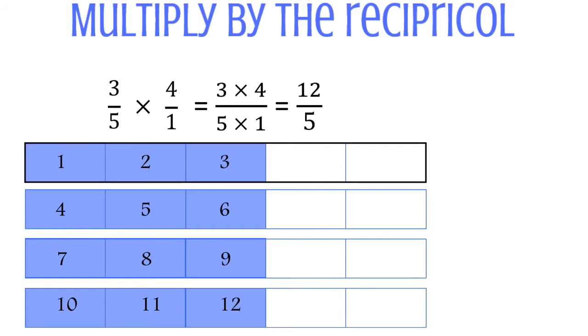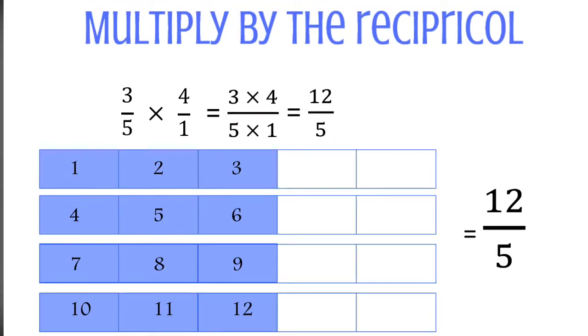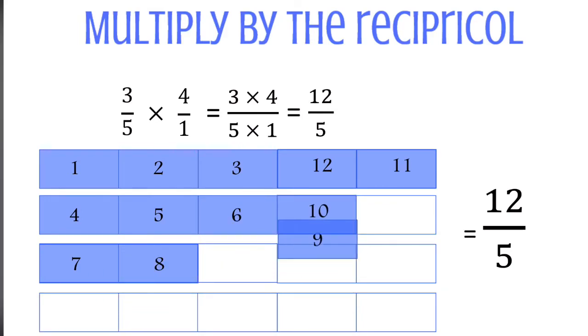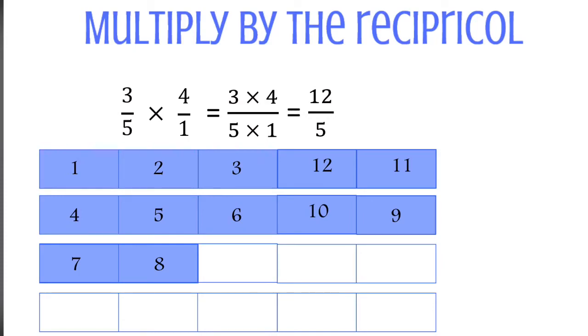That is our denominator. I have this improper fraction which gives me 12 pieces, but in this model, there is not a whole completed. So we're going to move the pieces to complete the whole. Here this row is done, 5 out of 5, there's 1 whole. Move more pieces, there's a second whole completed. And then what's left over? 2 out of 5. So 12 out of 5 is equivalent to 2 2/5.